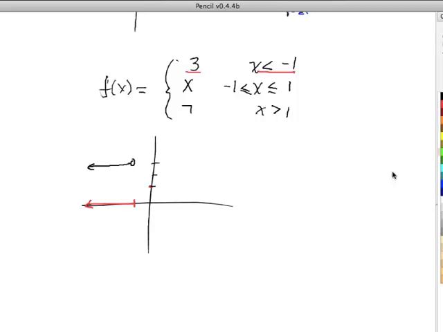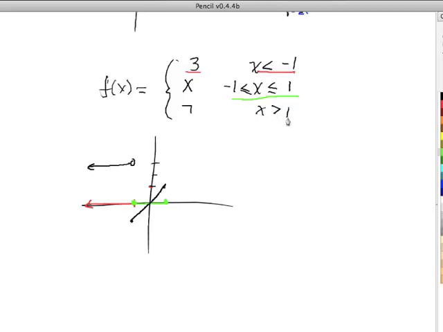Then over the interval from the solid dot up to 1, the function is just y is equal to x. So over this interval I'm going to graph y is equal to x, and let me underline that in green, with closed dots on both sides.